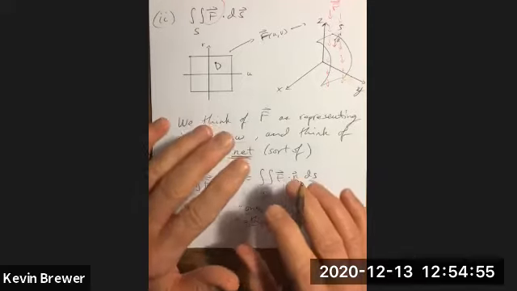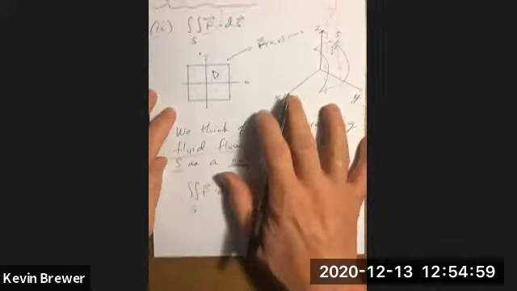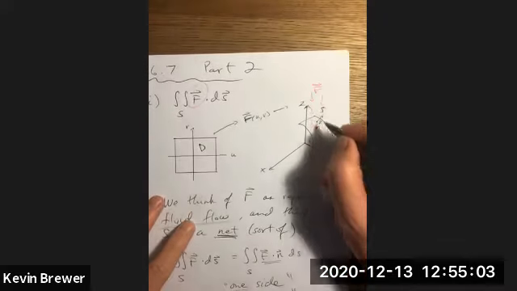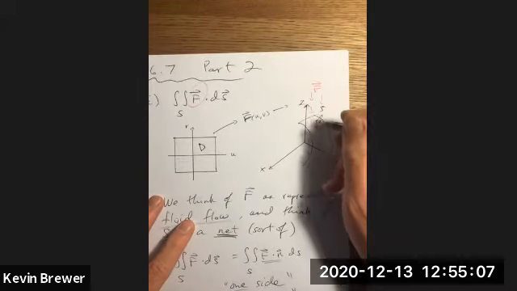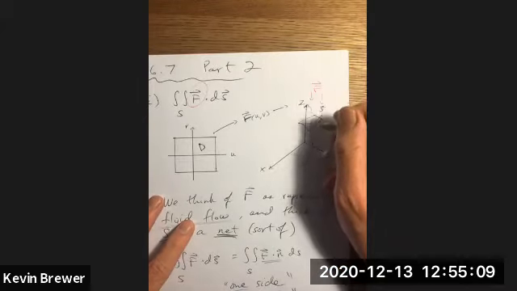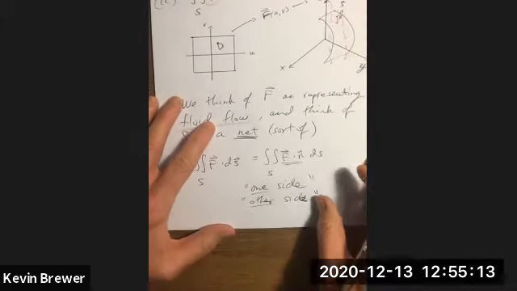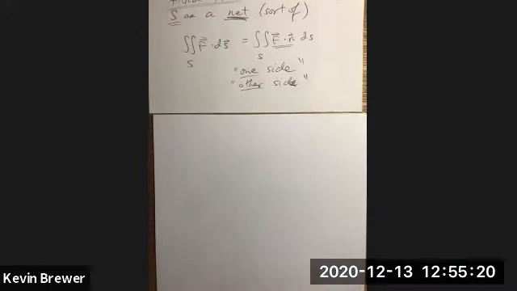So we want to avoid those types of surfaces. So before I go any further with this talk of this dot product and a normal vector giving us a direction, and possibly the vector field going in that direction or in the opposite direction, let's first talk about surfaces a little bit.